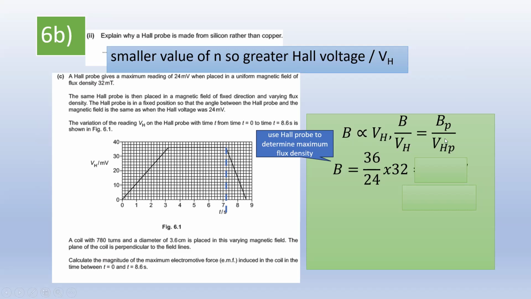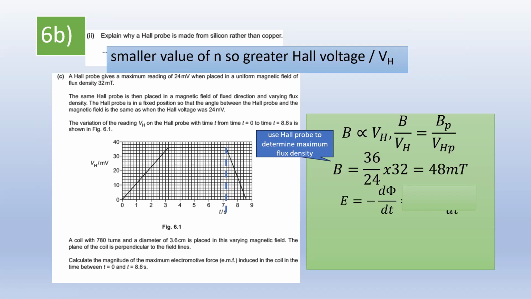Right? That one, voltage, I want to find. Basically, this is given, this is with the Hall probe, which is 2. And then this is the Hall voltage for the new magnetic field. We want to find the new magnetic field where the Hall voltage is 36 here. 36. Copy that. That's the magnetic field used.